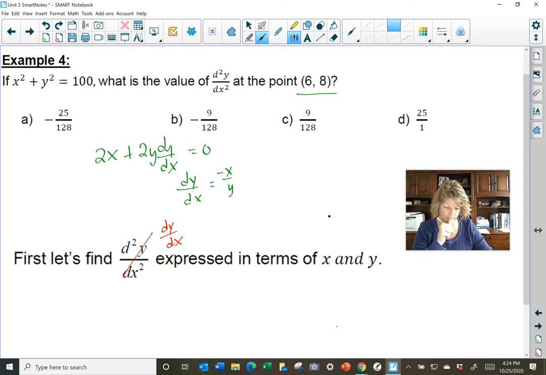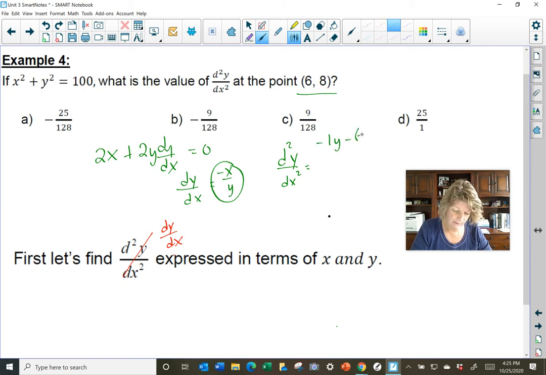Now, we need to get to the second derivative, so I do the quotient rule, so d squared y over dx squared, and I'm going to get negative 1 times y minus negative x times dy/dx over y squared, right? Derivative of the bottom, which was dy/dx, times the top, which was negative x.